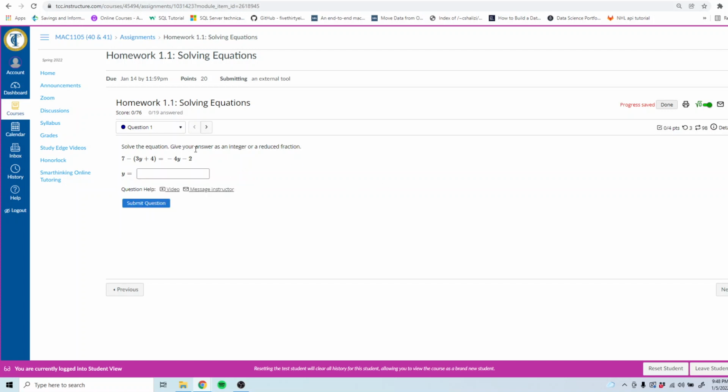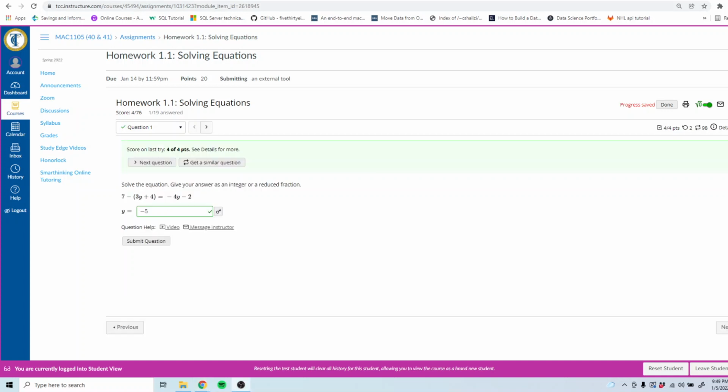Now what I want to also show you is why, just because you get a homework problem right, if you don't feel confident on it, you can keep going, trying it without losing your credit. So what I did is I went ahead and worked this problem out real quickly to get it right. And you'll notice it says I have 4 out of 4 points on this problem.